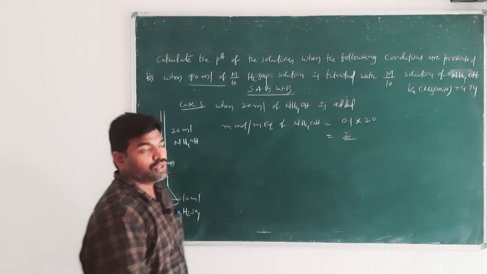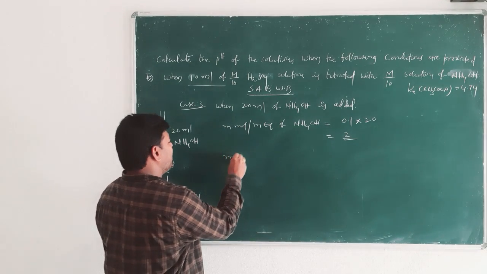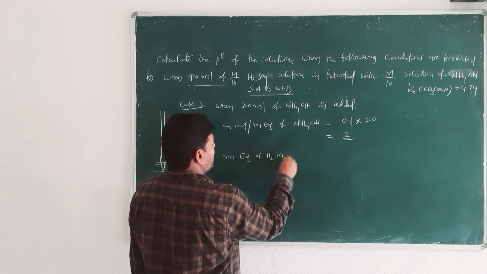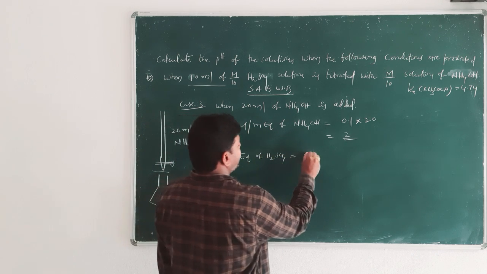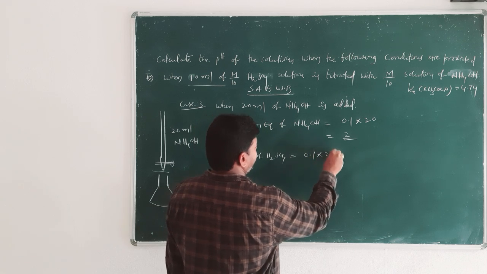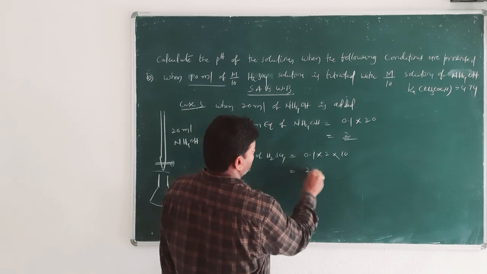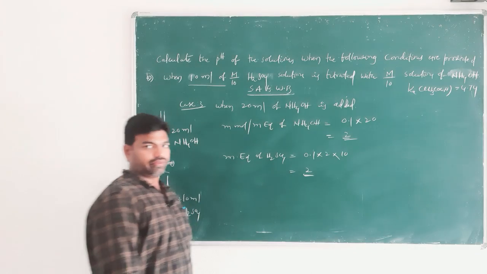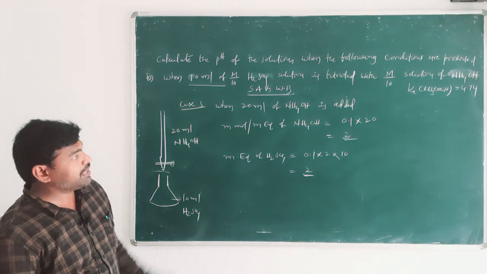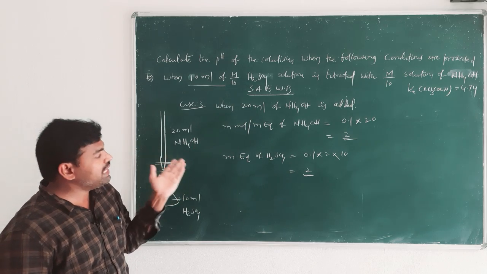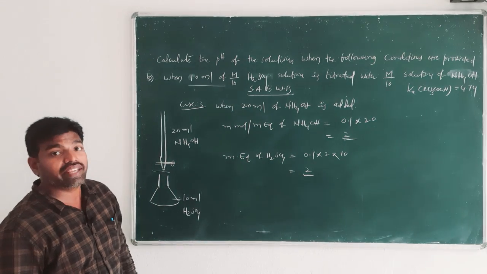And milliequivalents of H2SO4 is its molarity times n factor times volume, that is 2. In this case, milliequivalents of ammonium hydroxide and milliequivalents of H2SO4 are equal.